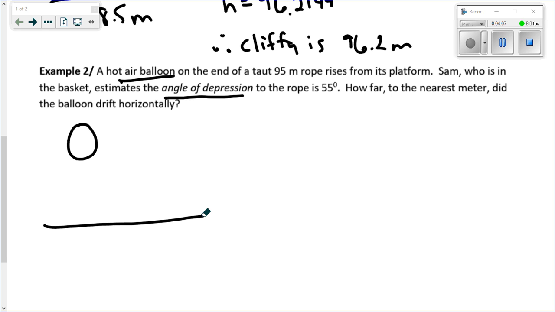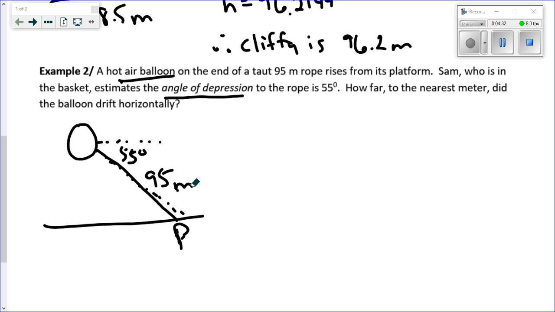We know there's a rope, rises from its platform. The angle of depression is 55. So presumably this is where the platform is. Now, if it's a taut 95-meter rope, that means that this is 95 meters.